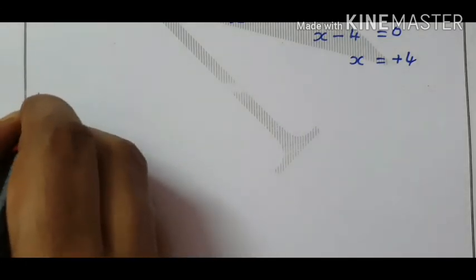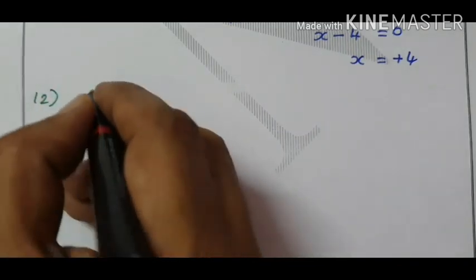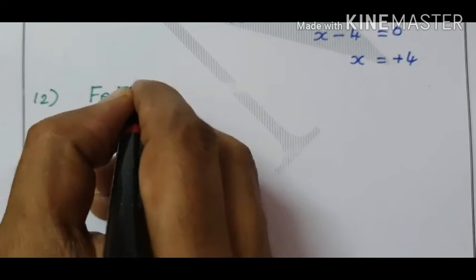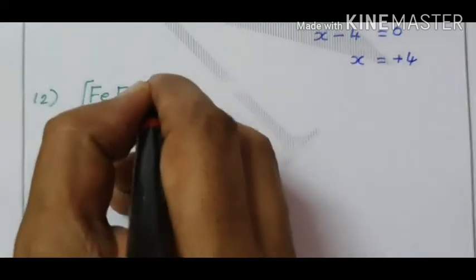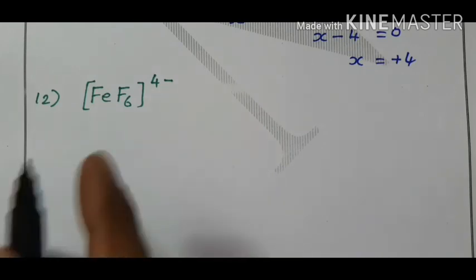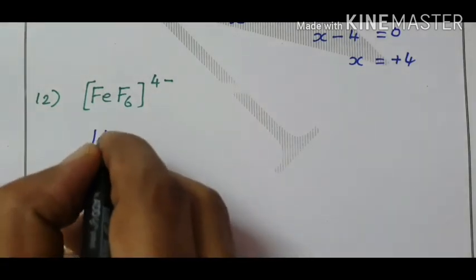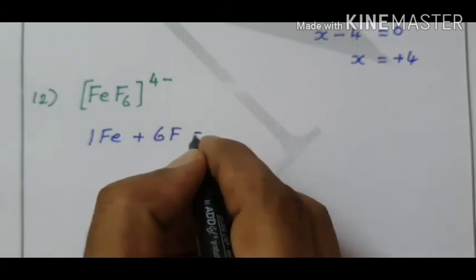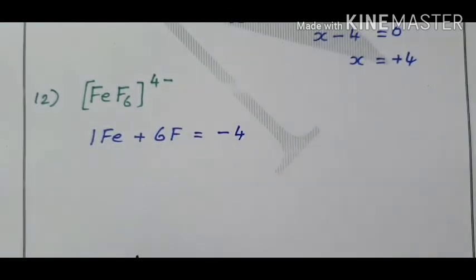Come to the next complex, complex number 12. Simple complex [FeF6]4−. The charge on the complex given is 4 minus. Therefore, 1 Fe plus 6 fluorine equal to minus 4.